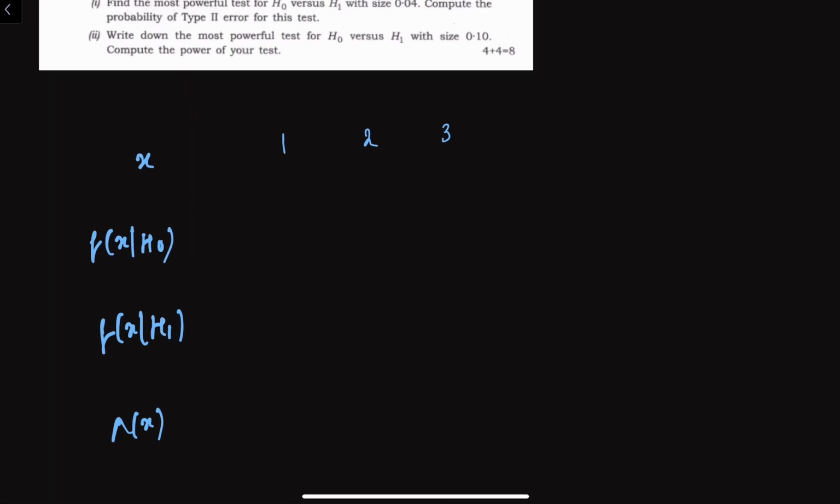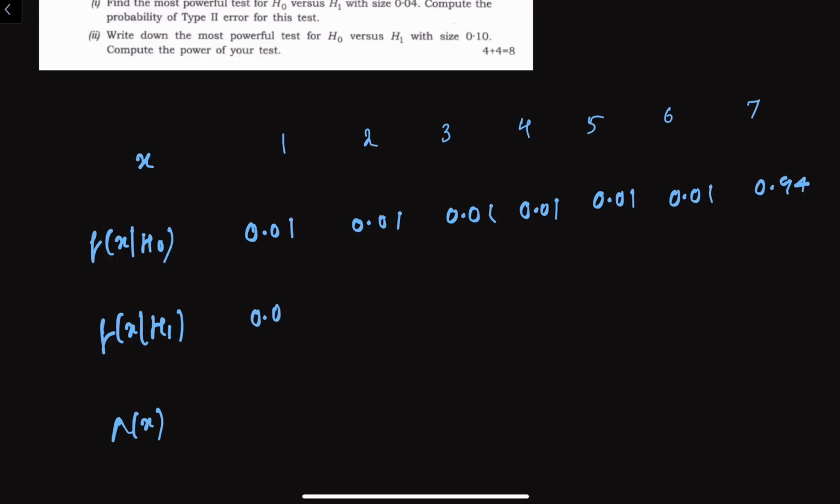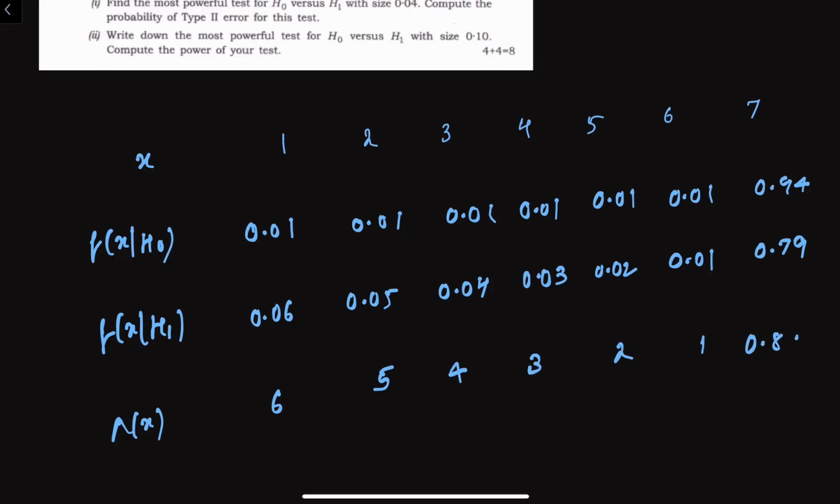We have x from 1 to 7. Under H0: 0.01, 0.01, 0.01, 0.01, 0.01, 0.01, 0.94, and under H1: 0.06, 0.05, 0.04, 0.03, 0.02, 0.01, and 0.79. So the likelihood ratio is 6, 5, 4, 3, 2, 1, and 0.8404 approximately.